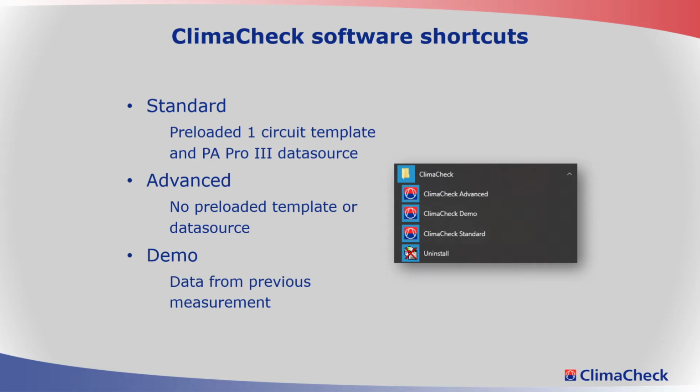Now this is predefined, so it makes it easier to start the measurement. In this case, we need to actually be sure that what we're measuring is a 1-circuit system. And we actually have a PA Pro 3 that we're using to measure the points. If not, then we have to change the template and the data source.